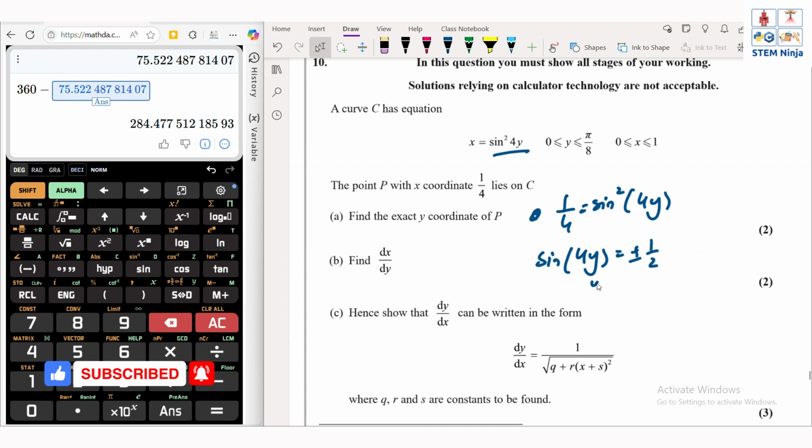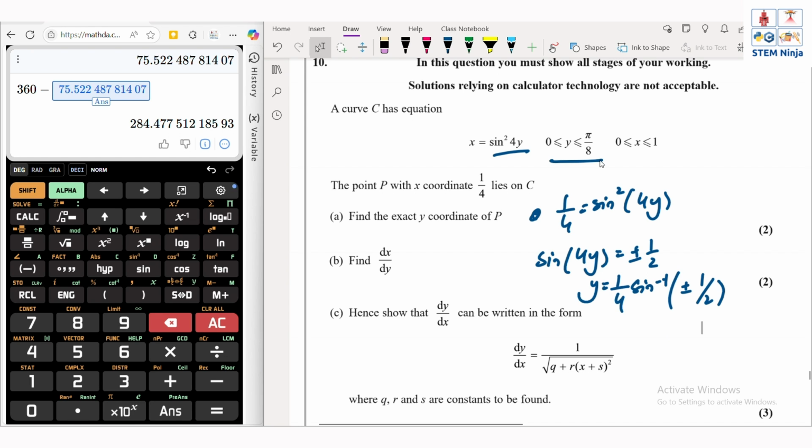So y would be 1 over 4 plus minus 1 over 4. No, sorry. 1 over 4 and sine inverse of plus and minus 1 over 2.